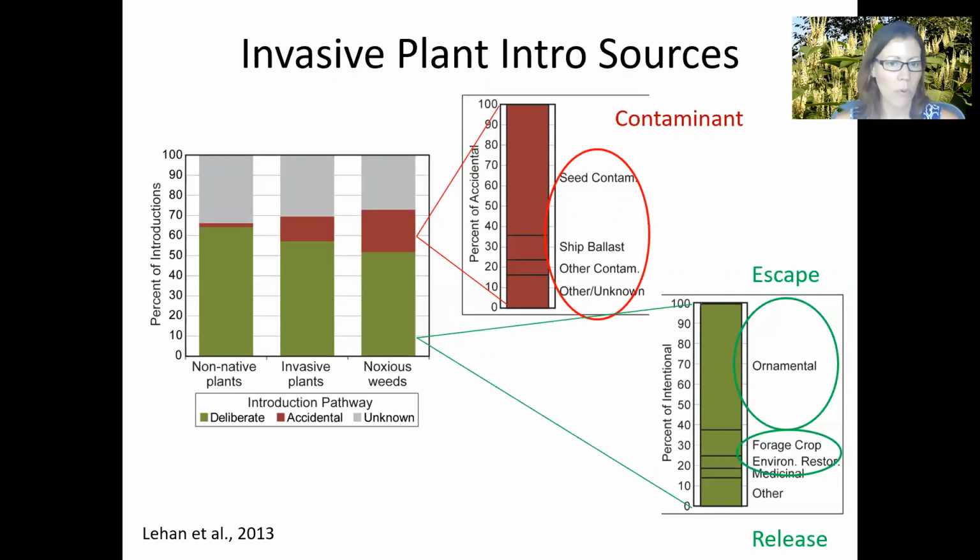So the noxious weed pool has a larger proportion of the accidentally introduced contaminants through seed contaminants, ballast water, other stuff. And then generally, if you are deliberately introduced as an invasive plant, you mostly came as an ornamental plant species, and then there's a few other forage crops or restoration species. So those are common invasive plant introduction sources.